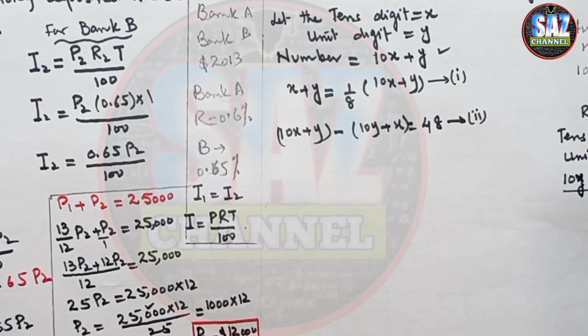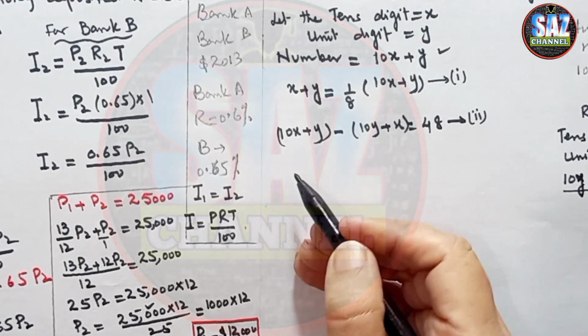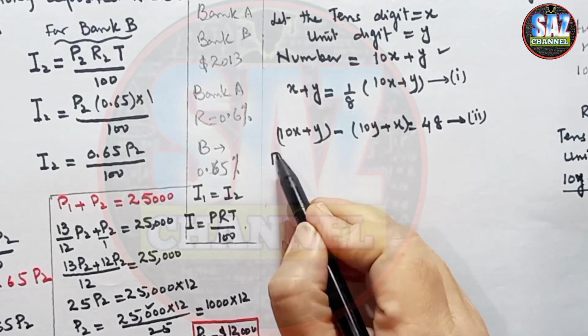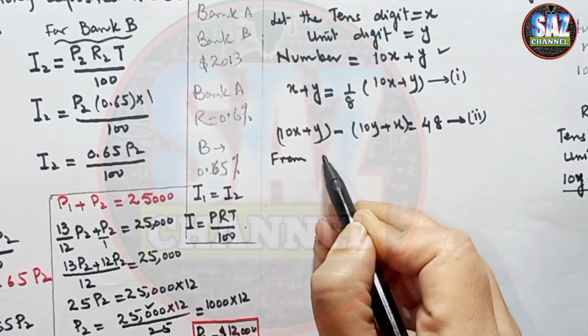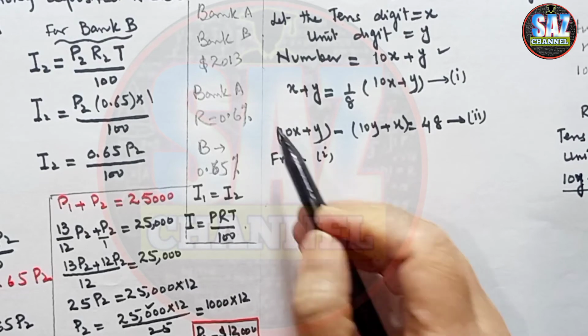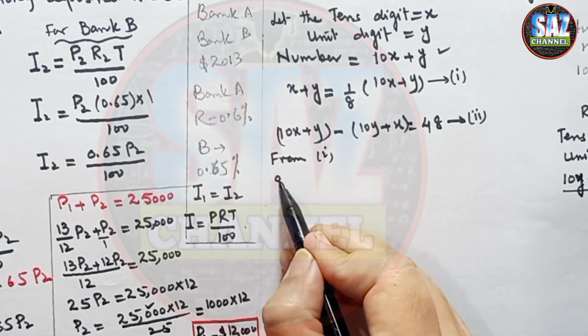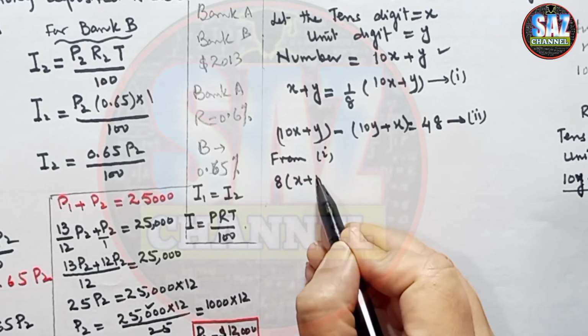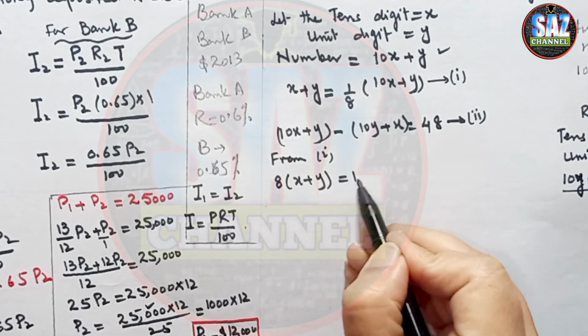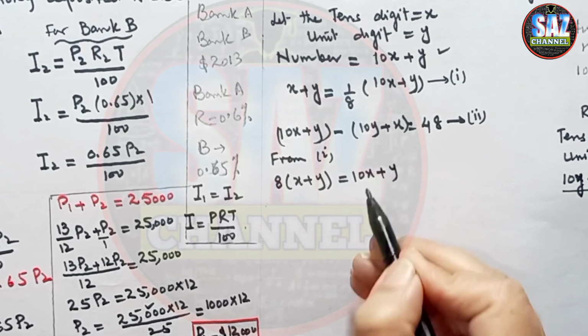Now the question says find the original number. So in order to find the original number, we have to solve these two equations simultaneously. So first of all, from equation 1, 8 can be shifted to this side. 8 into x plus y equals 10x plus y.